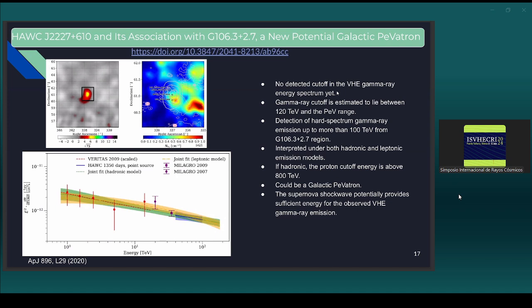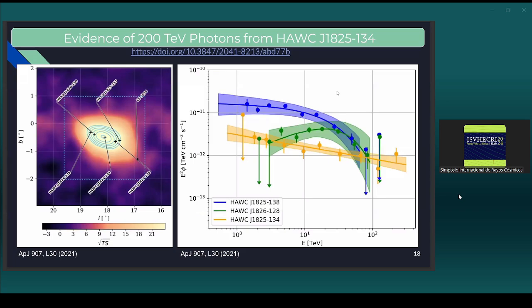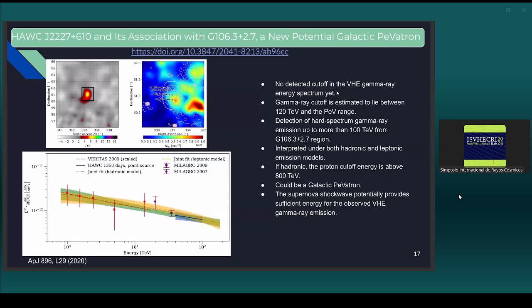So we need more results from neutrino experiments like IceCube, but just by checking the spectrum, we can see that the spectrum reaches hundreds of TeV, and when we assume a hadronic scenario, we get that the proton spectrum must have a cutoff energy above 800 TeV. So this means that this source could be a galactic PeVatron.